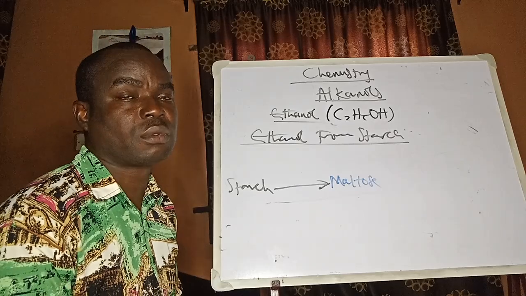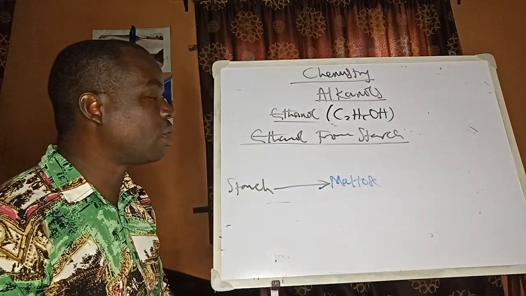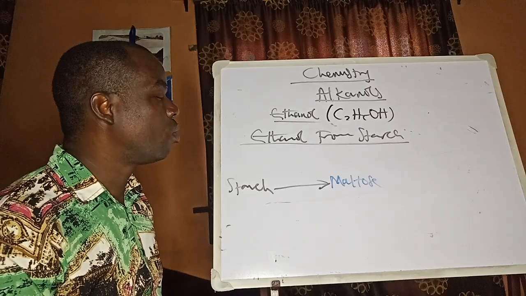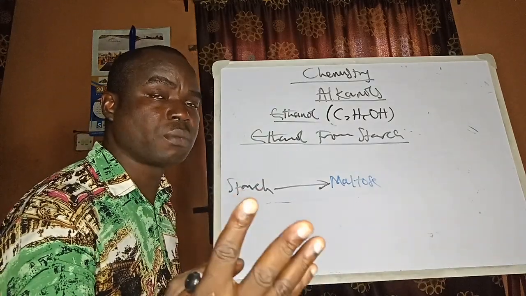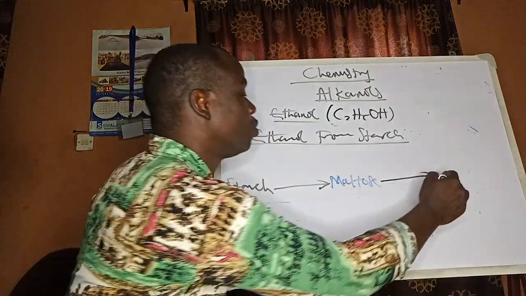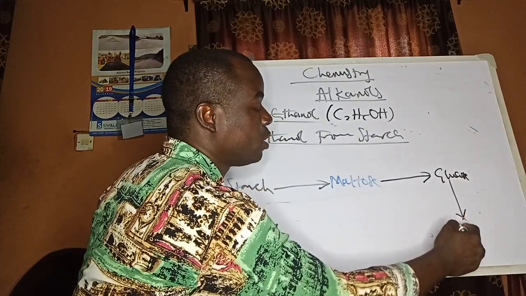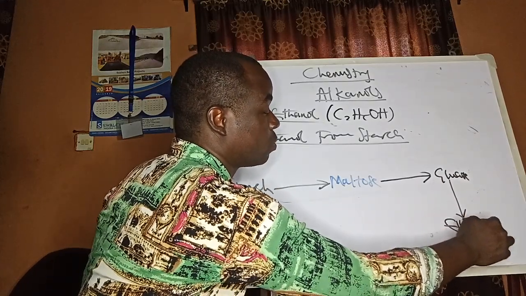Maltose will undergo another process to form glucose. Then glucose will now undergo the one you know already to form ethanol.